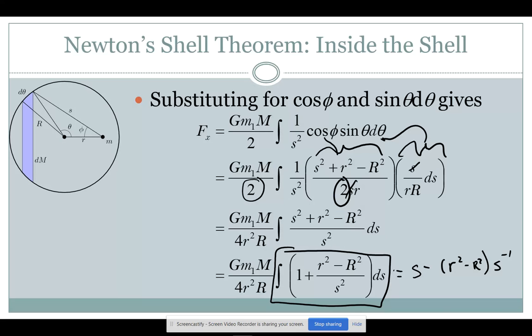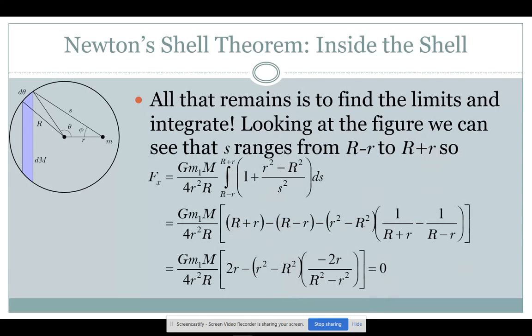So there's my integral. All that's left is determining what my limits are, putting them in, and seeing what I get. So the limits, if you're inside the sphere, the maximum value you can get for s is when it's straight out here, and s is going to be lowercase r plus capital R. So the maximum value for s max is r plus R. The minimum value is going to be when it's over here, capital R minus lowercase r.